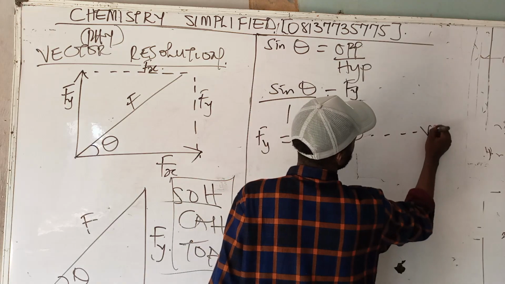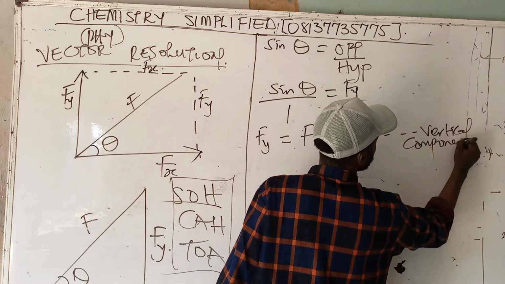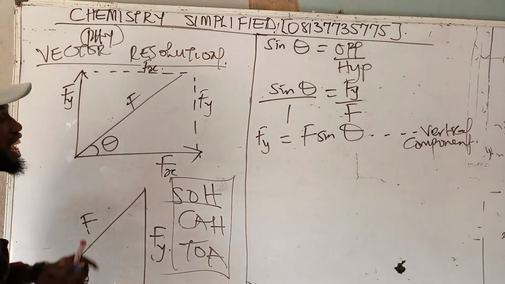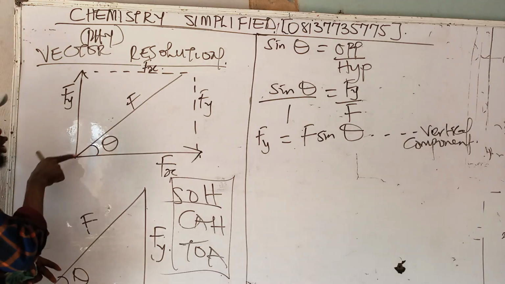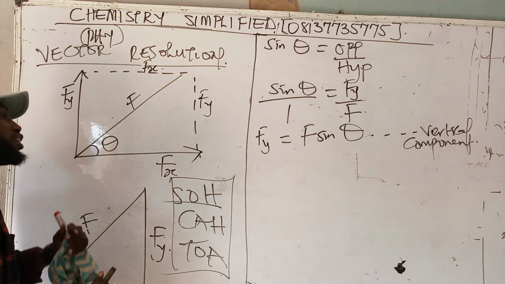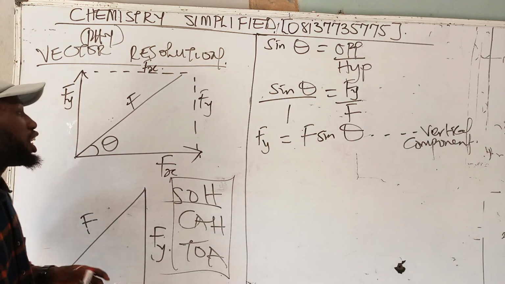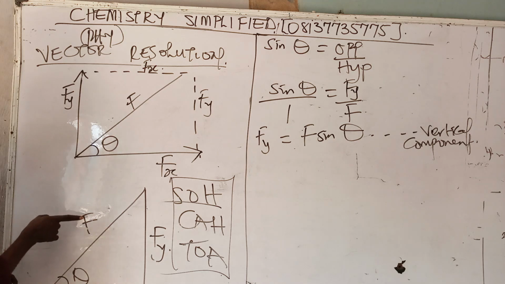This will be the vertical component. So it means if our angle theta is to the horizontal and you are resolving the force vertically, the formula will be sine theta. If you are resolving the force horizontally, you have to look for what joins this F and Fx together.